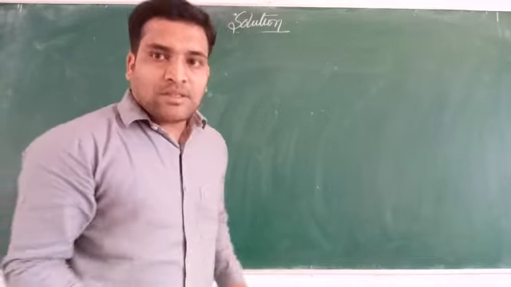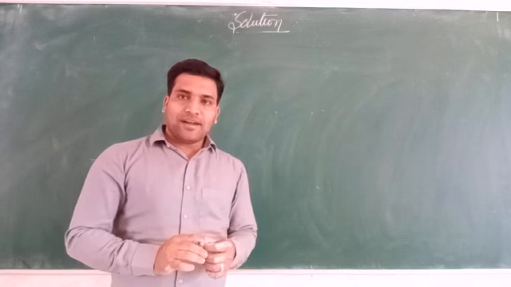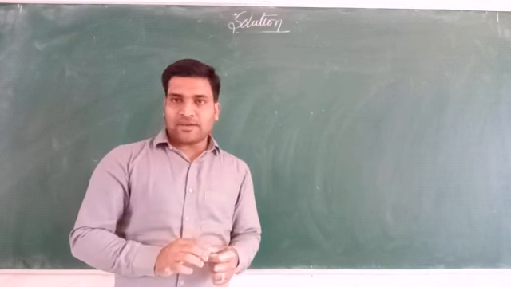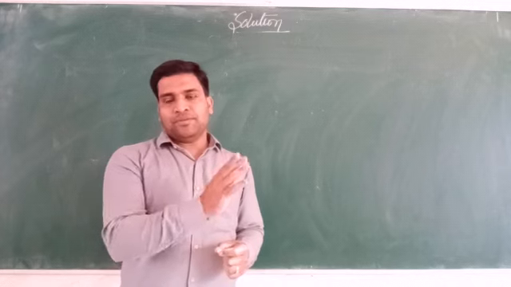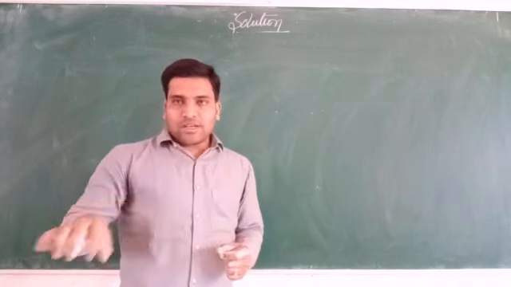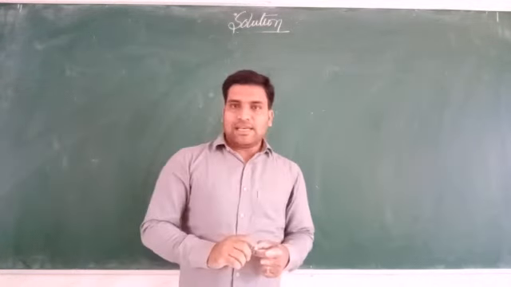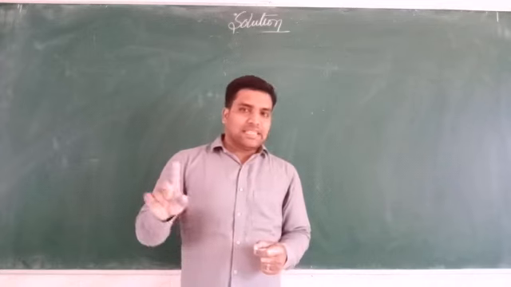So far we have seen Henry's law and Raoult's law. Henry's law we have seen in the solubility of gas in liquids. Raoult's law is for two liquid components, that too volatile liquids, that is liquids in liquids.